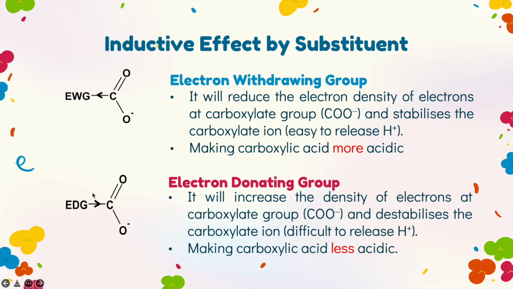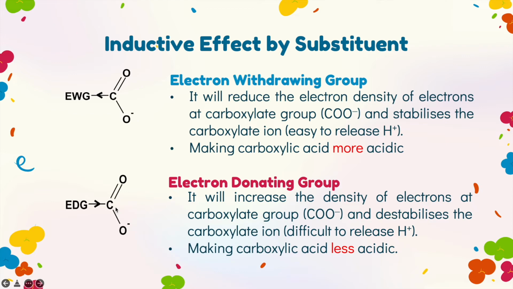But when the carboxylic acid has an electron donating group, it donates electrons to the carboxyl part, to COO, and it will increase the electron density at the carboxylate group. More electrons means it will donate more electrons at COO, destabilizing the carboxylate ion.